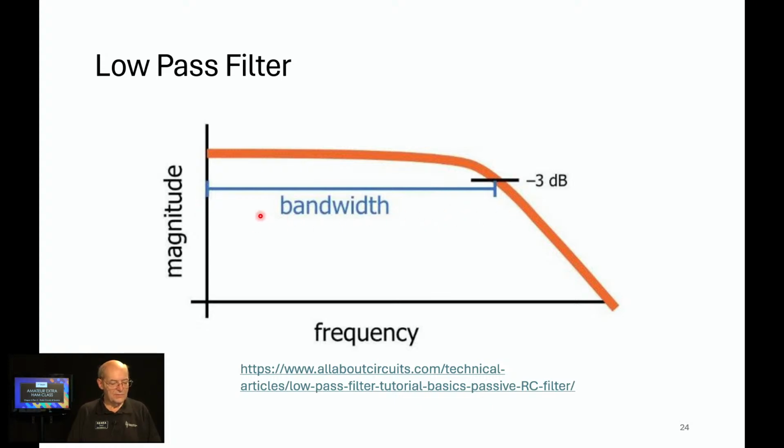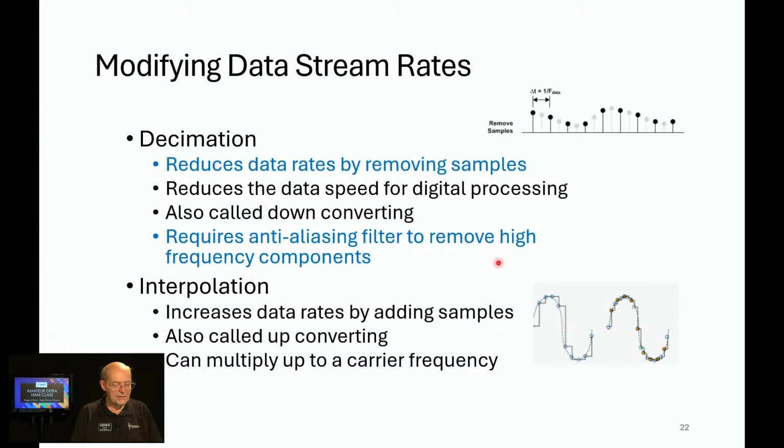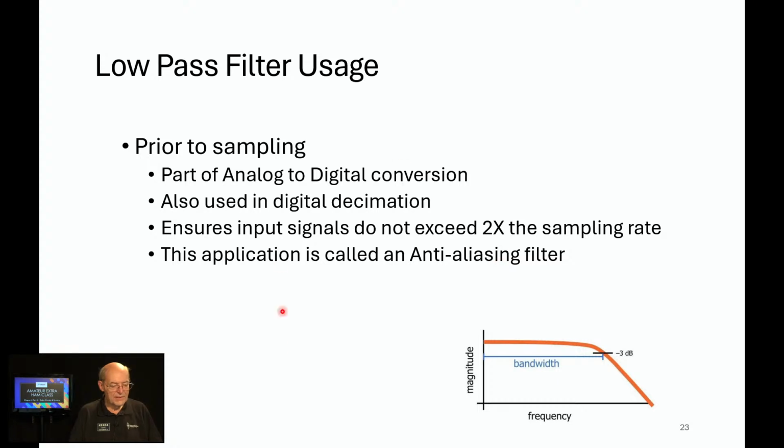In the case of our anti-aliasing filters, the same concept applies. Back up here. So low-pass filter. Prior to sampling, before we do our analog to digital conversion, also used in decimation, we want to make sure that the signals coming into the radio don't exceed 2 times the sampling rate, or we're going to have that aliasing problem.